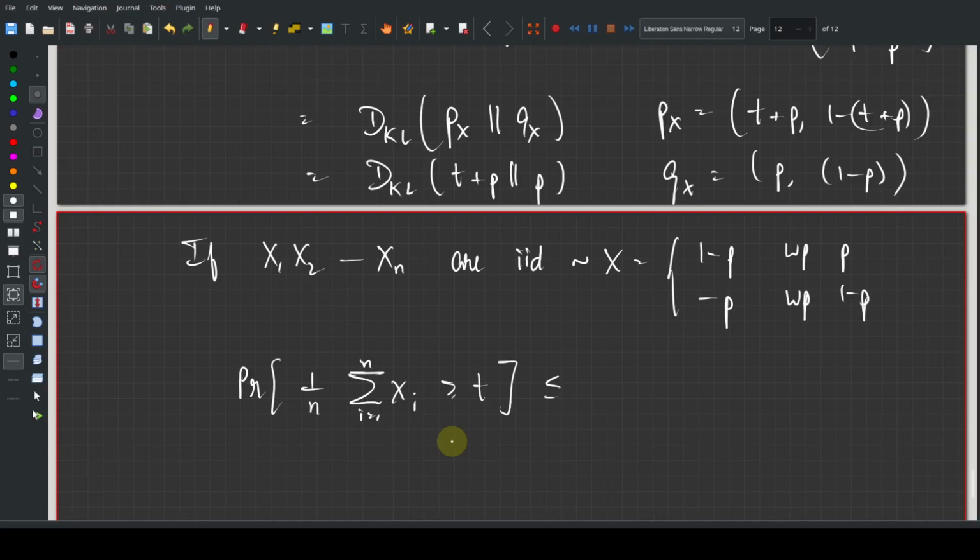So what was the relationship that we derived between psi star for the mean and psi x star? Yeah. So this is just less than or equal to e to the negative n times psi x star, which in this case is the KL divergence between t plus p and p. Correct?